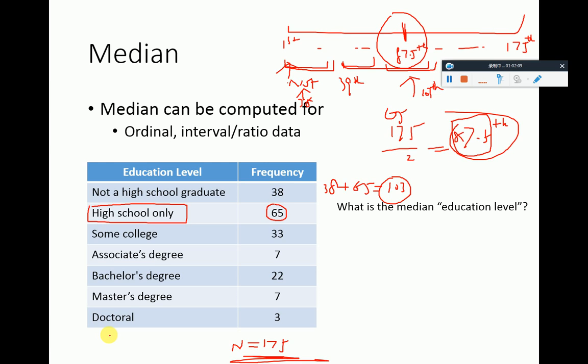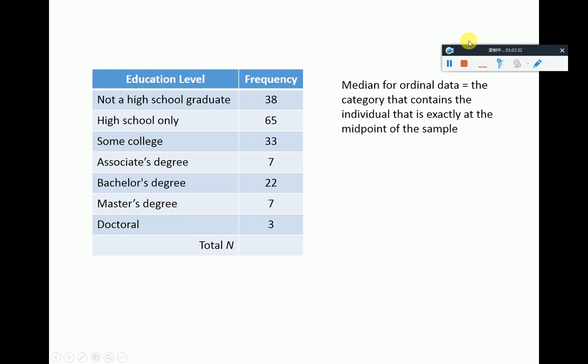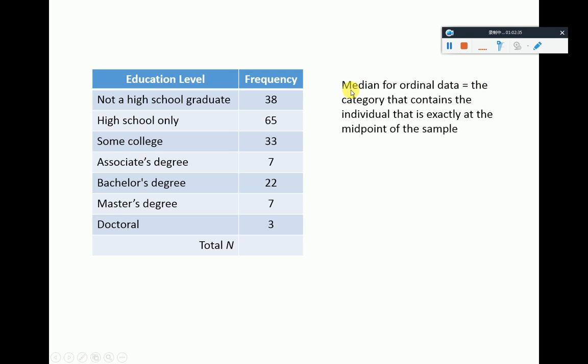Okay, so that's how you find the median for an ordinal type of data. The important hint is median separates the sample, not values, into two halves. So the rule of thumb is, the median for ordinal data is the category that contains the individual that is exactly at the midpoint of the sample.